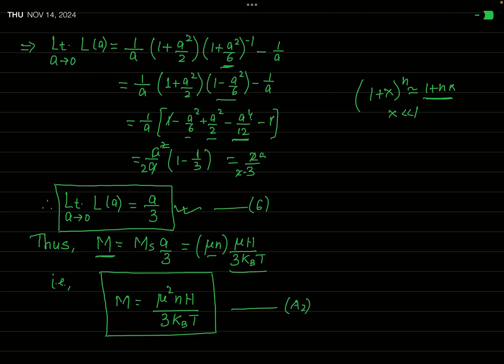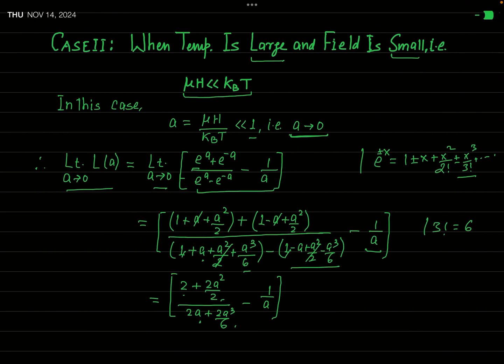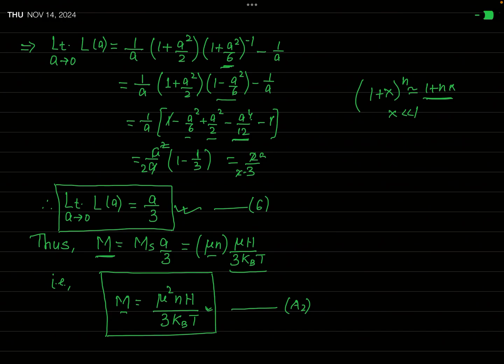So this is mu n times mu H over 3 kBT. And therefore you can say that M is equal to mu square n H divided by 3 kBT. So this is the expression for magnetization in this particular case when you have considered that temperature is very large and the field is small.